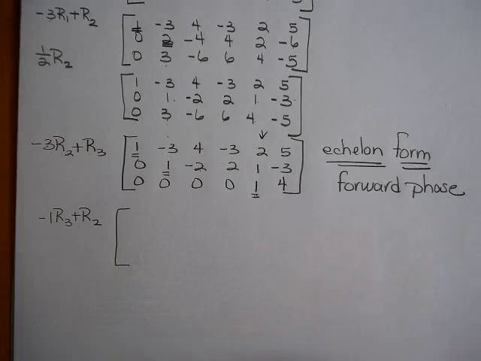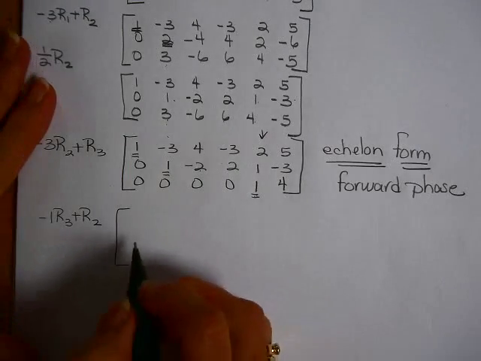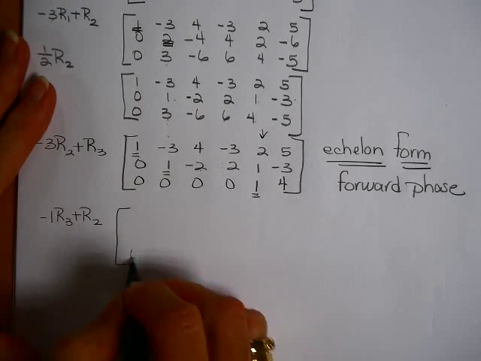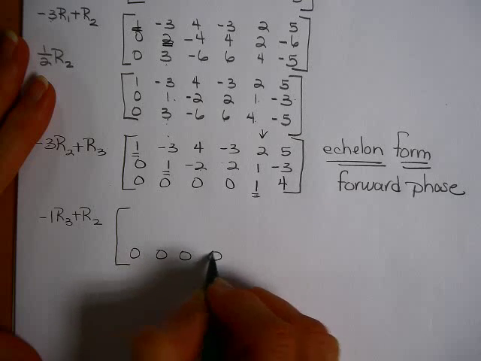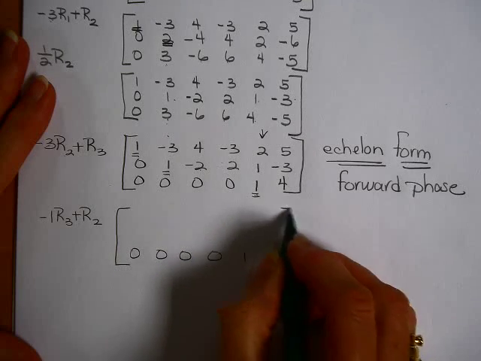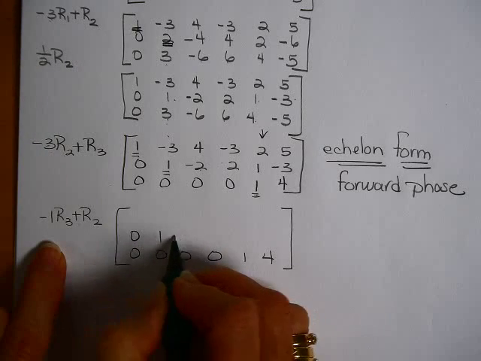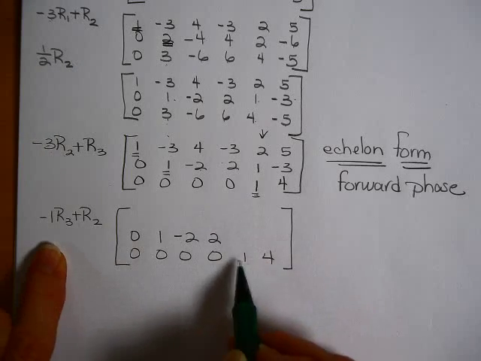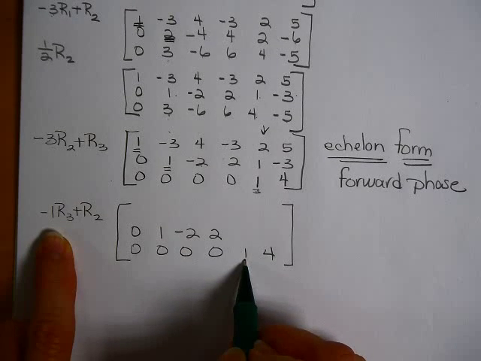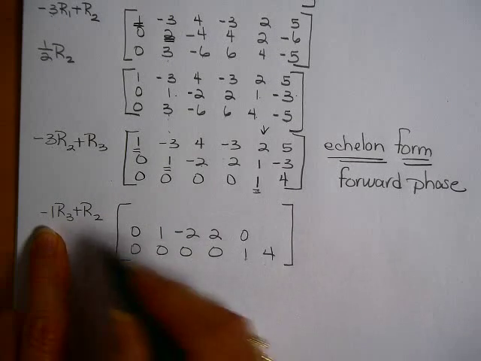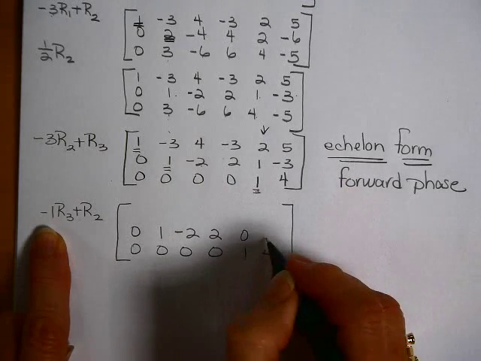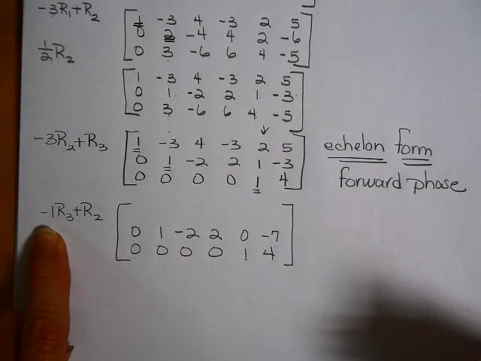I worked the forward phase, now I'm working the backward stage. All right, so 0, 0, 0, 0, 1, 4. 0, 1, -2, 2. Nothing changes until I get down here. -1 and 1 is 0. -4 and -3 looks like -7.